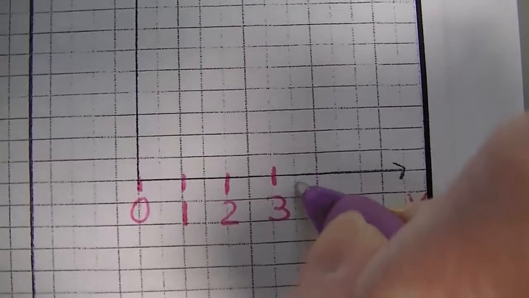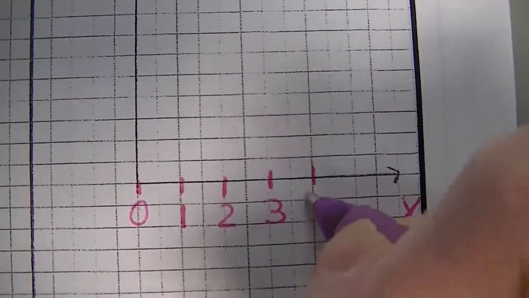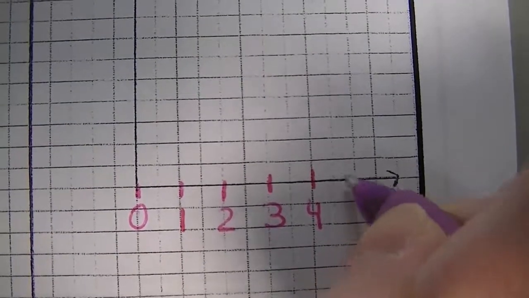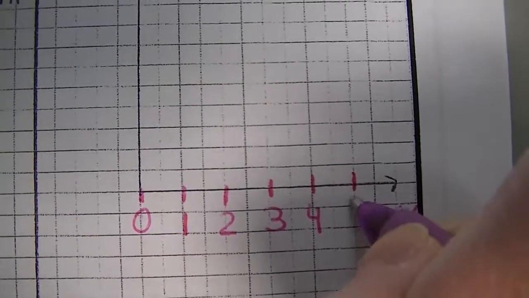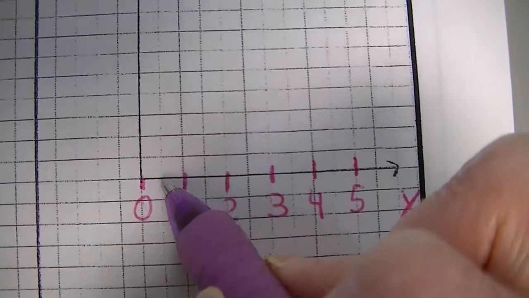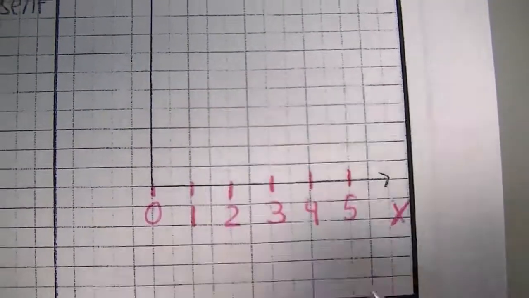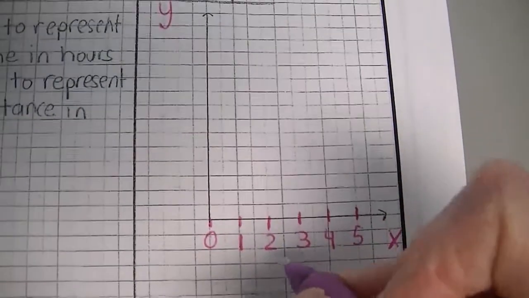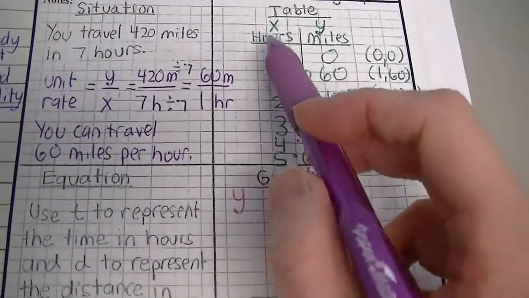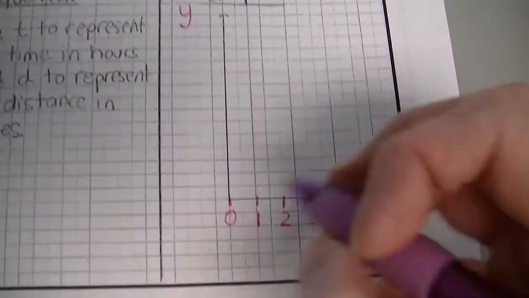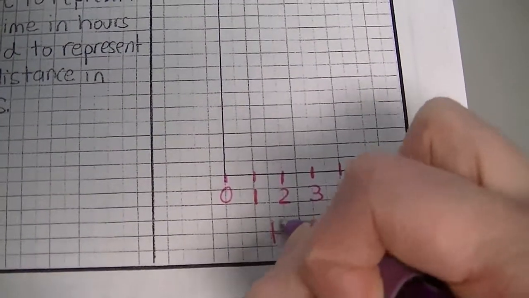Then this one would be 3.5 hours, so let's make this one 4. Here would be 4.5 hours, so let's make this 5, okay? So I am basically jumping by half hours, and we need to make sure we represent that x-axis. See how x represents hours? So we're going to write hours right there, okay?